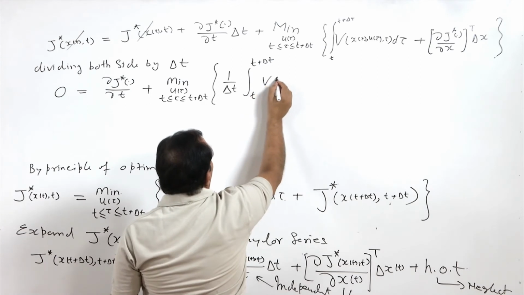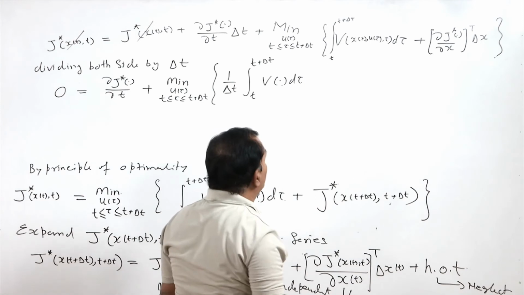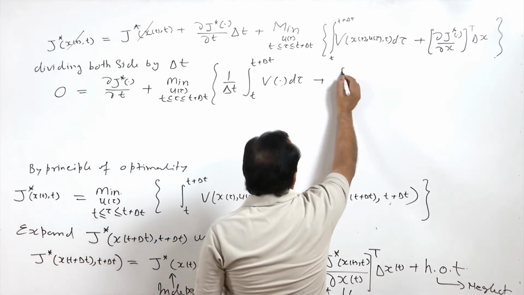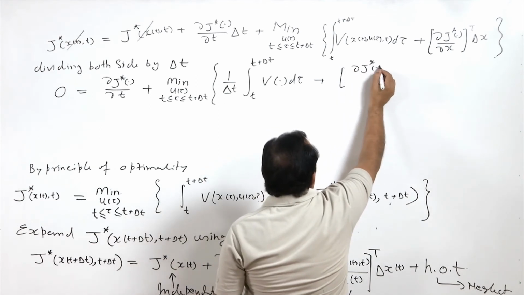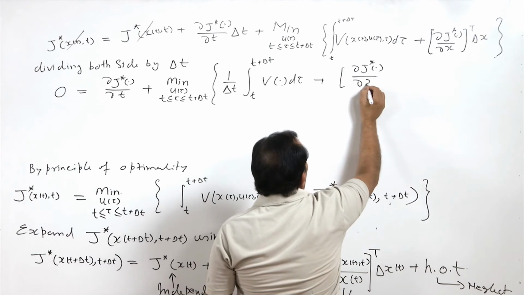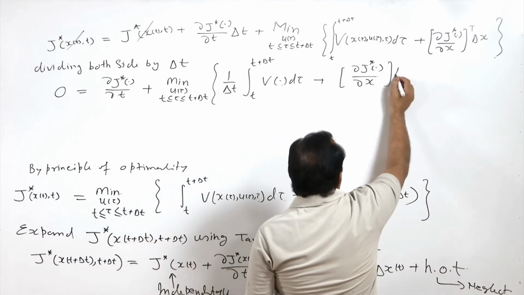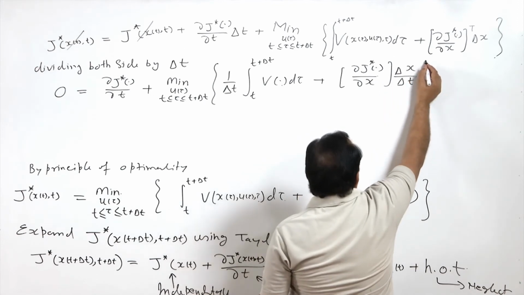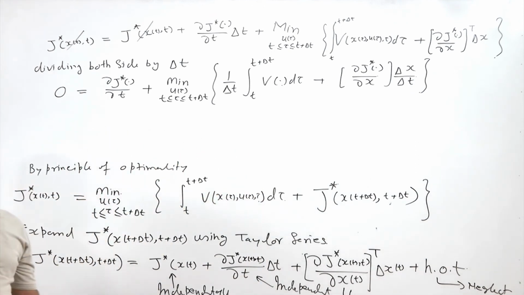I am writing this simply as V dτ, plus this I am writing as ∂J by ∂x, which will be x(t) into Δx by Δt. As we are saying, we are considering Δt to be very small.